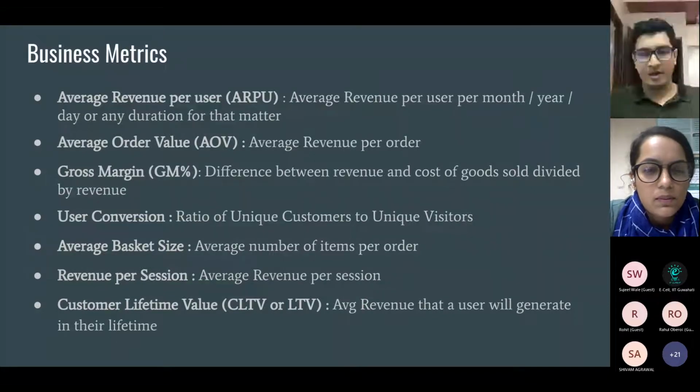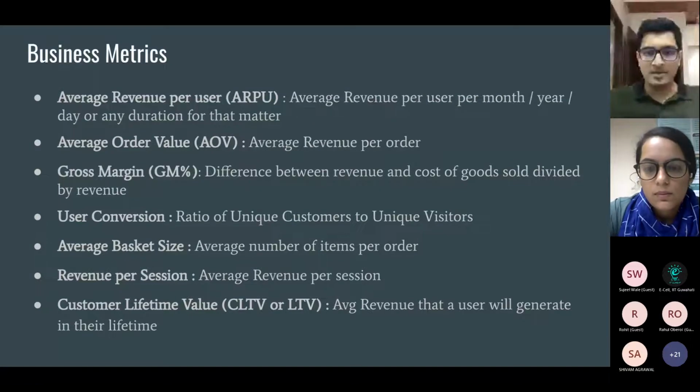So for example, say the monthly retention rate is 10%. This means that of 100 customers that you acquire today, next month 10 customers will come back and place an order. And how many orders per user becomes your repeat rate or frequency.